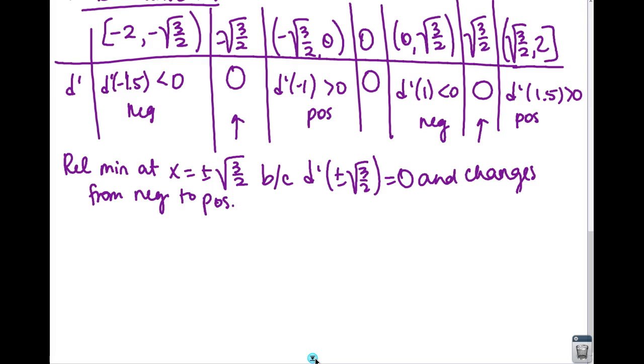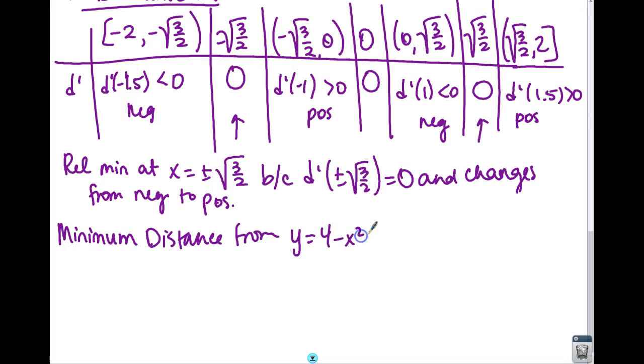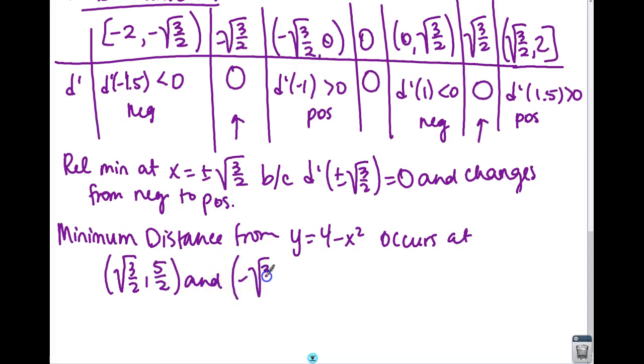So when I plug this number into the distance formula, the square root of 3/2, I'll just go ahead and show you this fancy math here and tell you that the minimum distance from y equals 4 minus x squared to two random points occurs at points square root 3/2 and 5/2, and negative root 3/2 comma positive 5/2 as well.